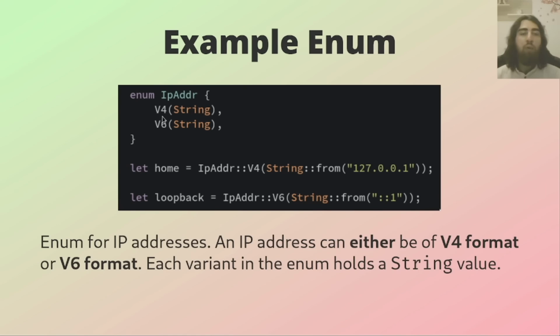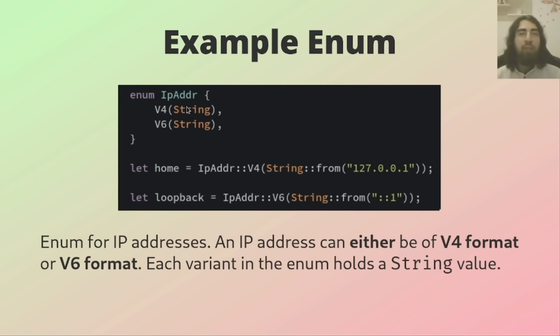Either it's v4 or v6. And now we will see the difference between enums and structs. So this is how we would instantiate this enum IP address. We are accessing the name of the enum, double colon, and then the name of the variant, in this case v4, then providing it a concrete value.